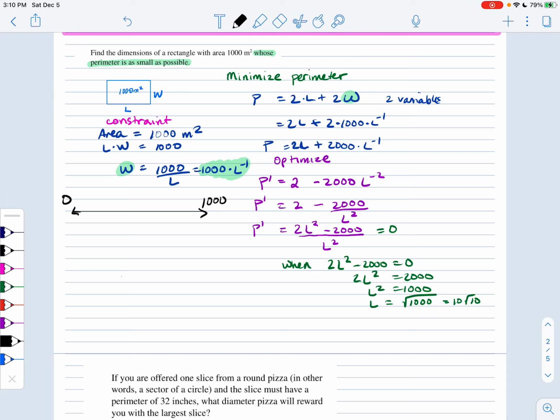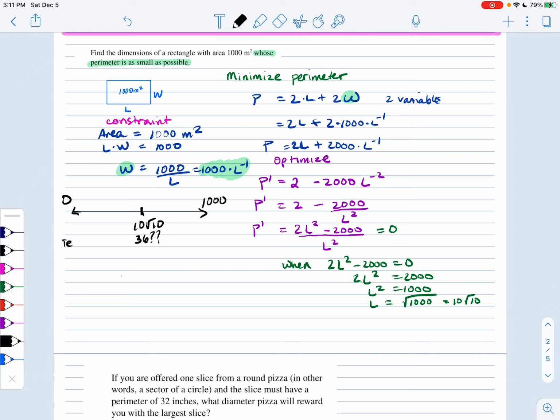And then 0, so that's just a reasonable type of range, because 1 times 1,000 could be 1,000 meters, so I don't really want to go over 1,000. It could be 2,000, but really I'm just checking to make sure that I have a minimal perimeter. So if I use 10 root 10, that's a little under 40, so I know that might be like 36 or something like that.